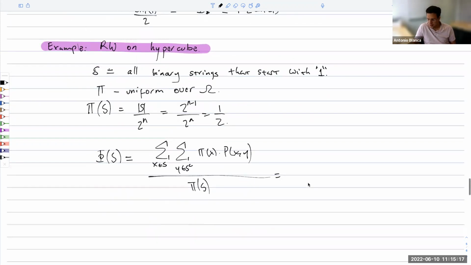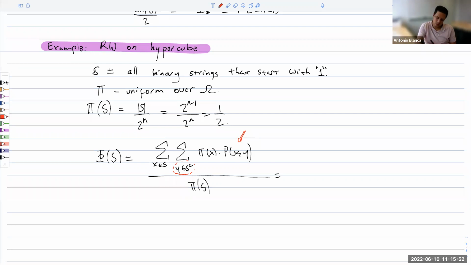Okay, so if we are at X, what are the possibilities for transitioning into some Y in the complement? Well, the only option is really to pick the first bit. That's the only string in the complement of S that we can go to in one step of the chain. So in this summation, there is only one element for which P of going from X to Y is not 0, and that is the binary string that has the first bit flipped from 1 to 0.